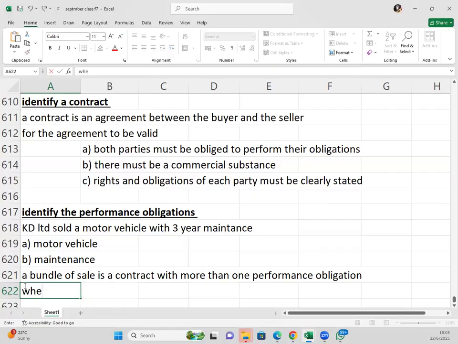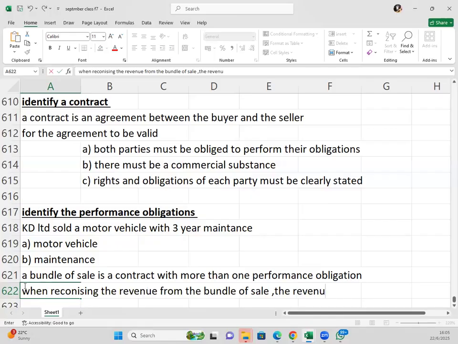So when recognizing revenue from the bundle of sale, the revenue must be separately identified.